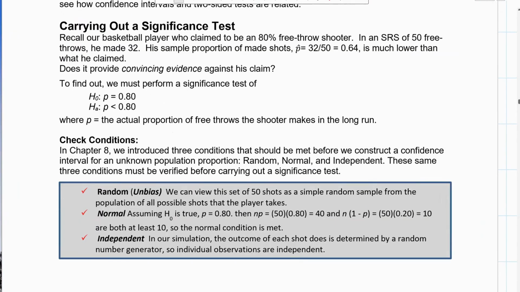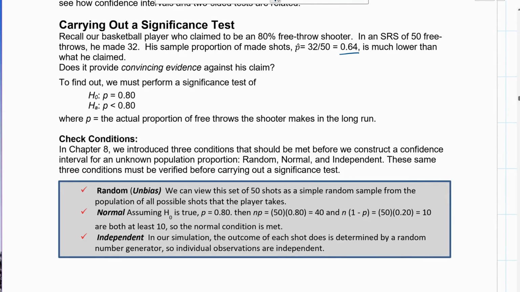We take a sample of that player's throws, and they made 32. The sample proportion is 64%, and that's much lower than 80%. But is it by chance that they only made 64%, or is it something making us believe that the claim of 80% shooting is actually incorrect?